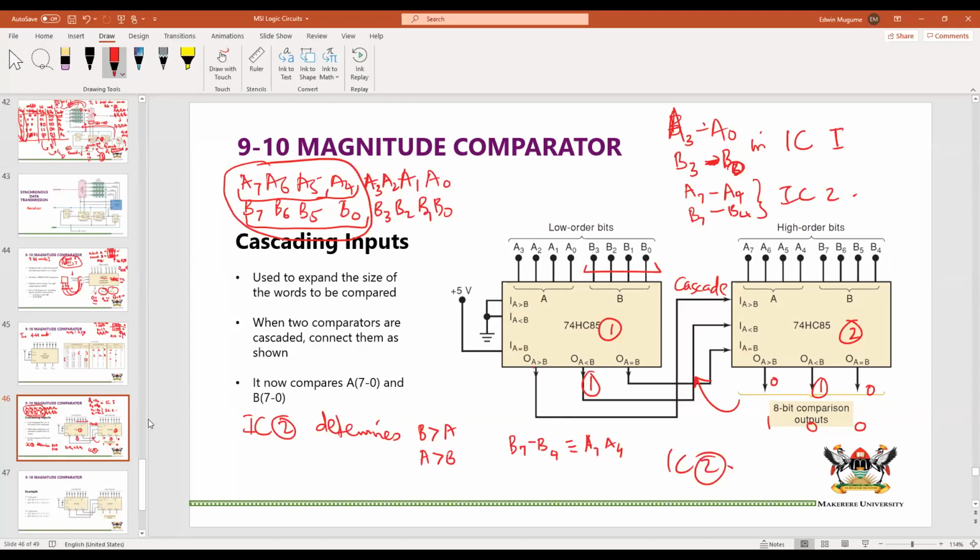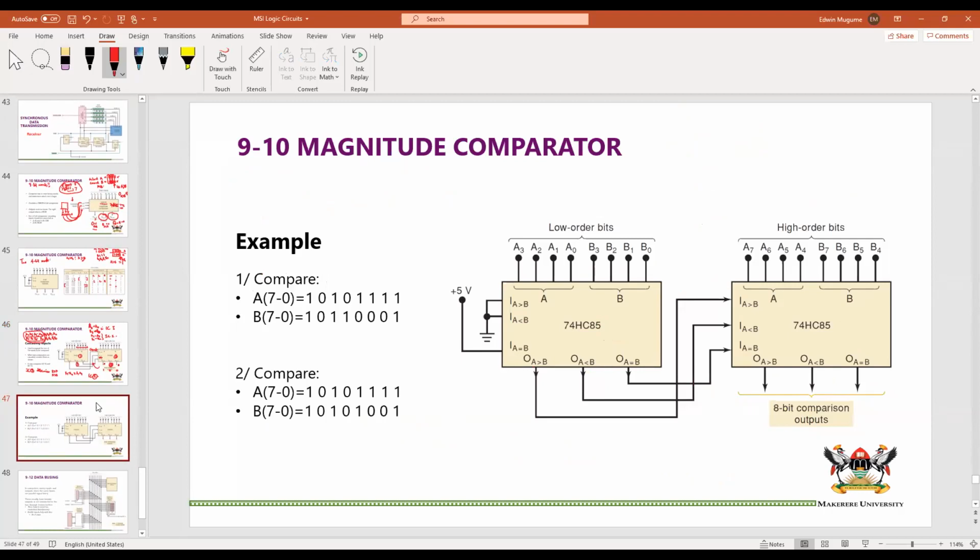And if there is a 1 coming in here, then what this one does is that it will make this one once again high, because it is just picking a result from the other stage. If the higher order bits are similar, then you look at the lower order stage, and depending on which one is bigger, that is the one that you highlight at the output. So this is how you can compare. You can compare, say, 8-bit words using 4-bit word comparators.